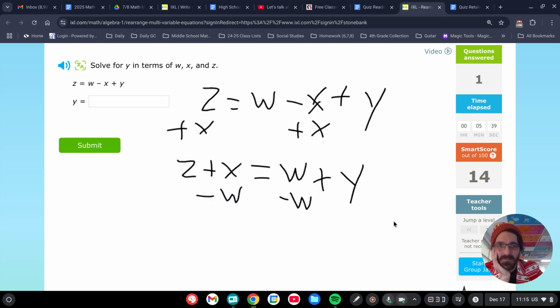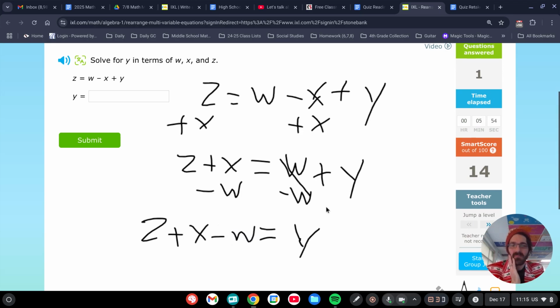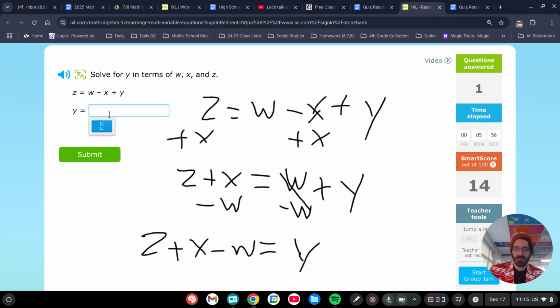Okay, so this cancels out. W minus W is nothing. We're left with Y on this side, which is exactly what we want. And now we have Z plus X minus W. And that should be all we need.